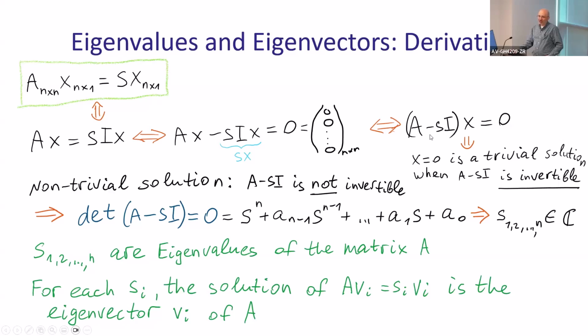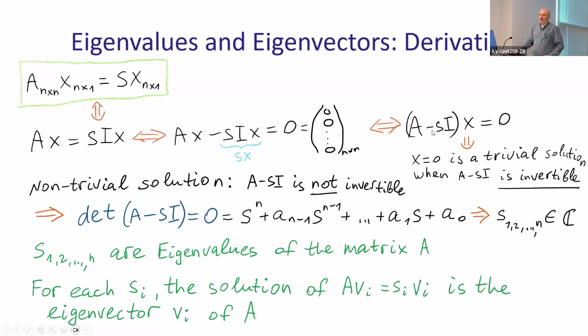And pay attention, this is a system of linear equations. When the system has a non-trivial solution, then this matrix is not invertible. Because if A minus sI is invertible, then the only possible solution is x equals 0. You have no other solutions. So we are looking for the case where A minus sI is not invertible, singular.